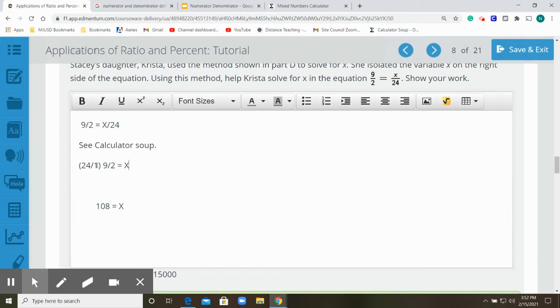And then 24 over 1 times 9 over 2, I used calculator soup. Excuse me, I misspoke. 24 times 9 is 216. Divided by this 2 equals 108.